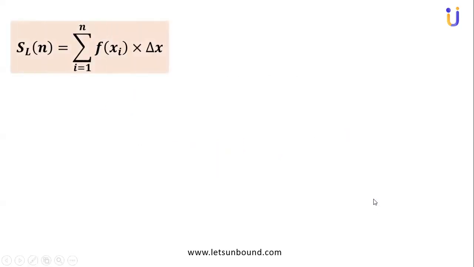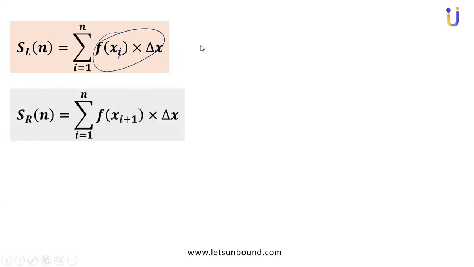Now let's understand each one. Left Riemann sum with sigma from 1 to n of f of xi. You know the formula, but we just make a sigma, which means the same formula is repeated for every interval. For the first interval it's 1, for the second interval 2, and so on. Right? For the right Riemann sum, I will not choose the first endpoint.